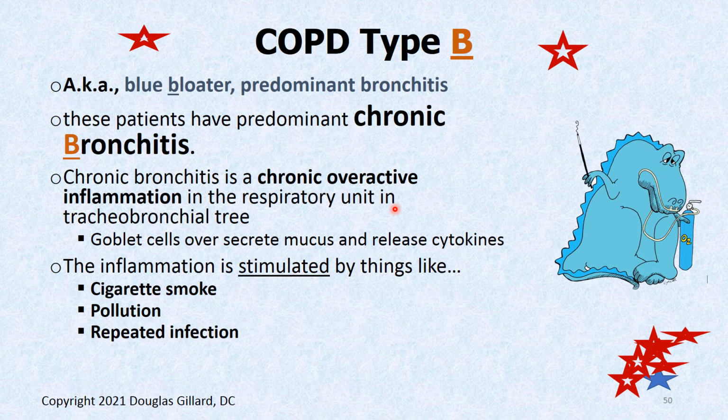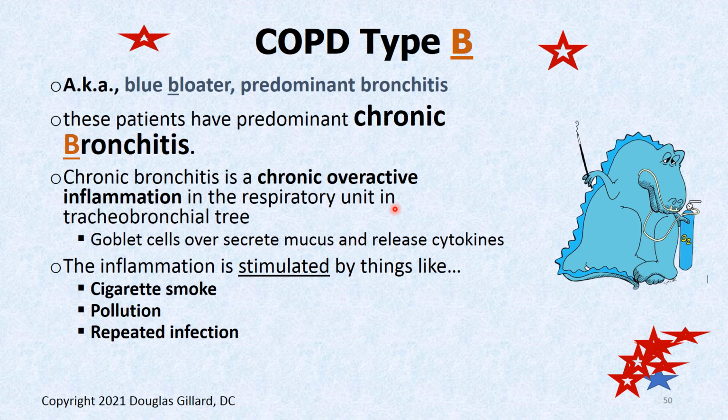Then the question is, okay, it's a chronic inflammation. What is it? Is it autoimmune related? We don't really know for sure what it is, but we know things that stimulate the inflammation. Cigarette smoke is notorious, the most common cause of this, whether you smoke or your neighbor smokes or you're just exposed to it. Your significant other smokes.